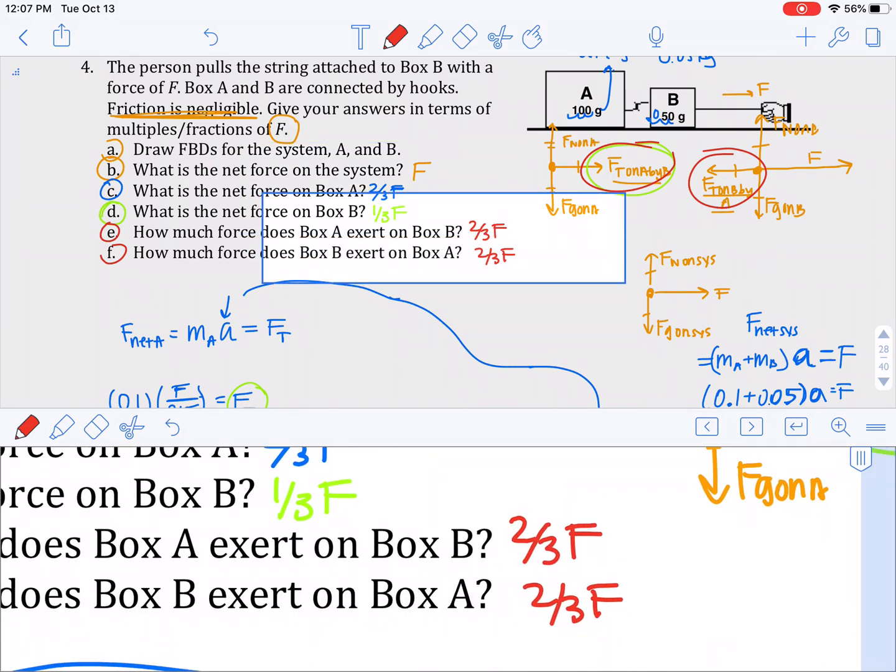So another way of thinking about these block problems is by using ratios of mass.